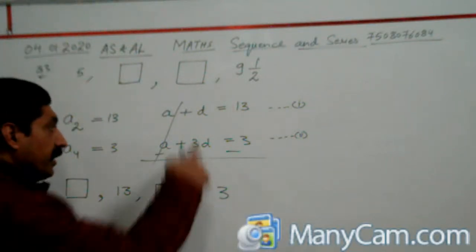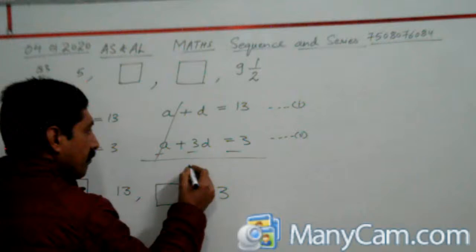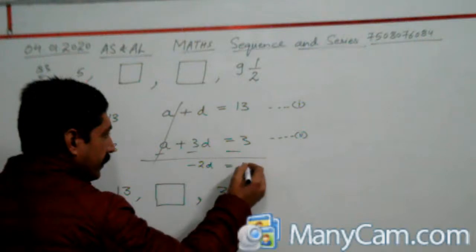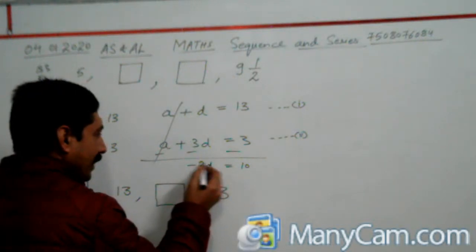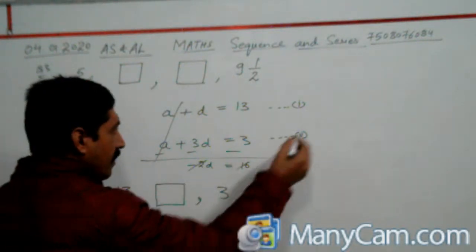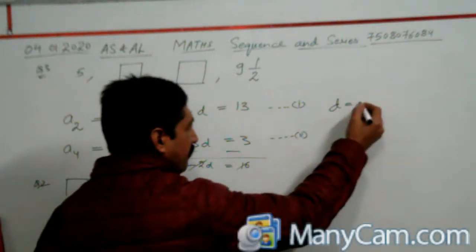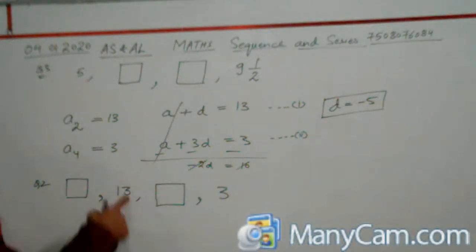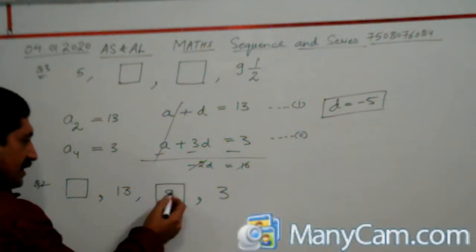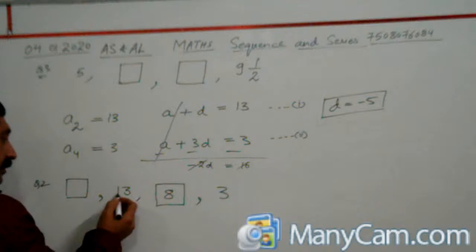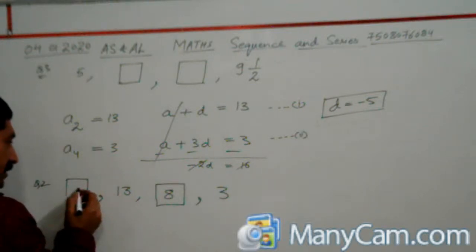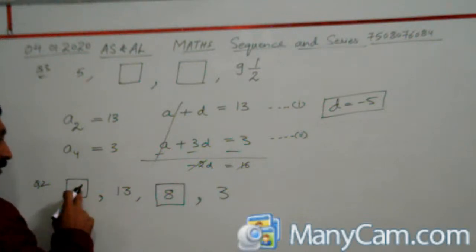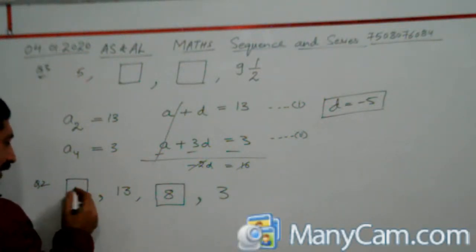After subtracting, we have 2d is equal to minus 10, and d is equal to minus 5. What is d? d is equal to minus 5 in this case. When d is minus 5, so what is the term here? This is 8 and here minus 8, when we add here, right? So the number here is 18.